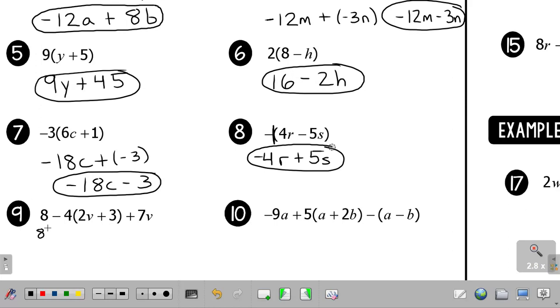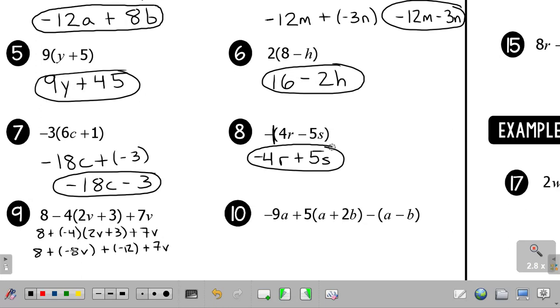And then the last two here, same kind of deal. I'm going to write this as a sum because some people might still have a problem with seeing you need to distribute a negative 4 here. But if we write it as a sum, we can see that's what we're going to distribute. So distribute the negative 4. So we have 8 plus negative 8v plus negative 12, and then plus 7v.